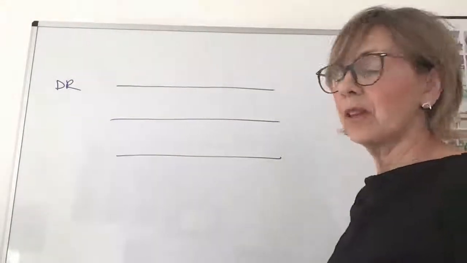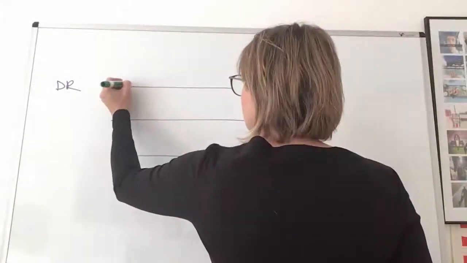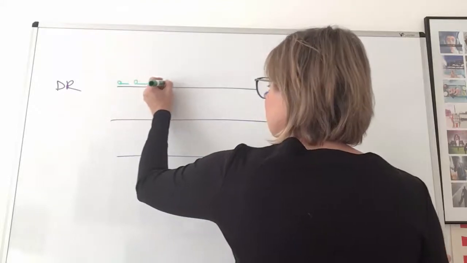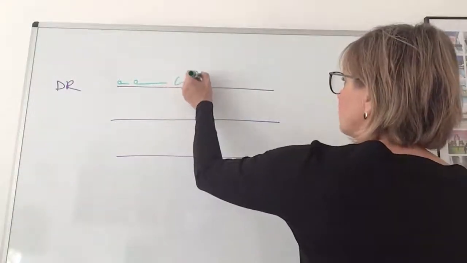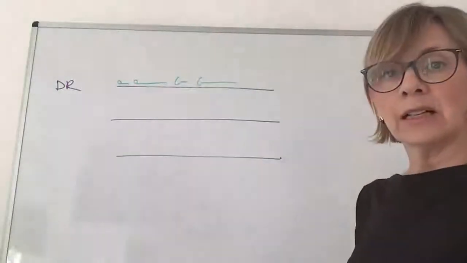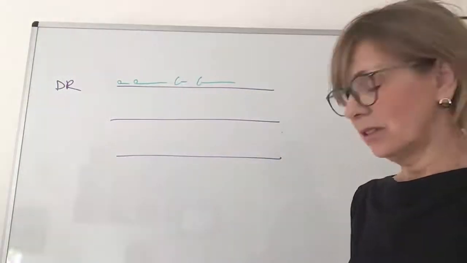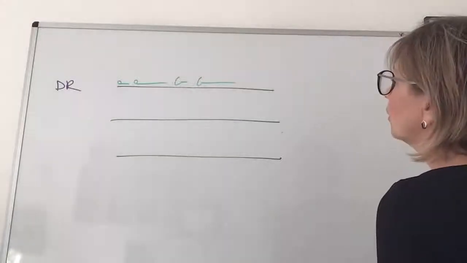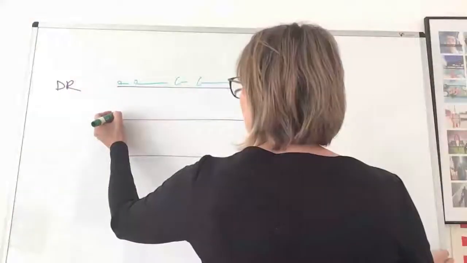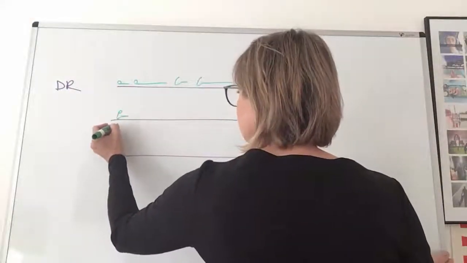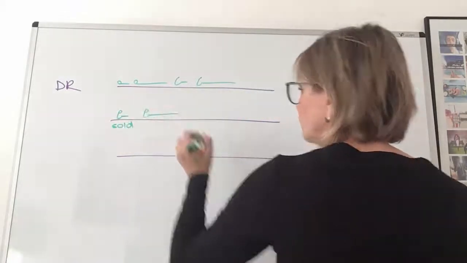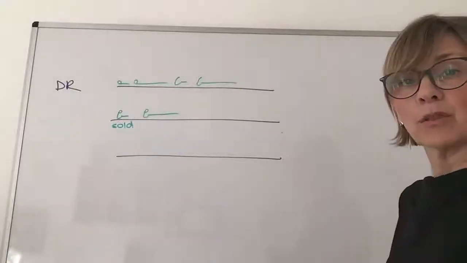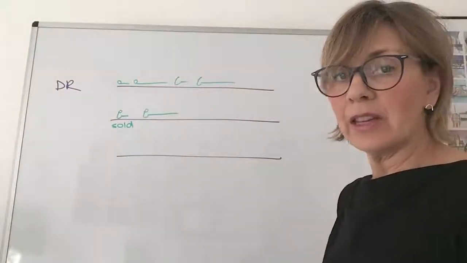So DR, sad, becomes sadder. Lad becomes ladder or leader. What about sold? Doesn't matter about the spelling and the sound of it, remember, you're just adding an R on the end.